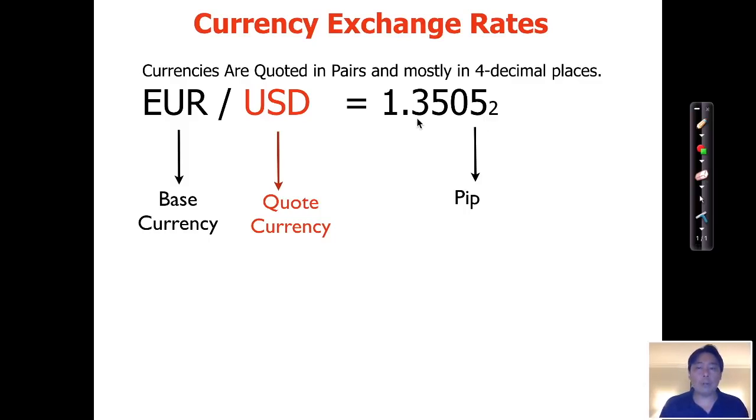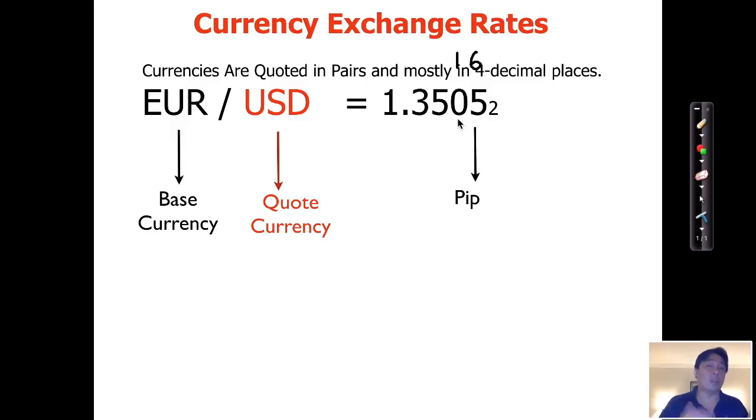Now, if it goes from 3505 to 3506, what does it mean? It means that the euro USD has gone up by 1 pip, because from 5 to 6, it's 1 pip. Does that make sense? Now, if it goes from 3505 to 3516, what has happened?